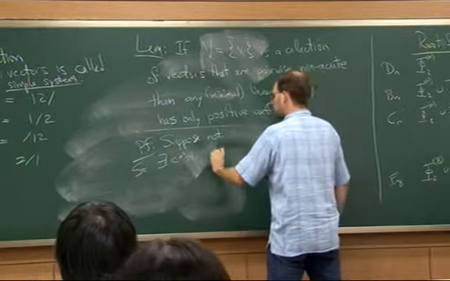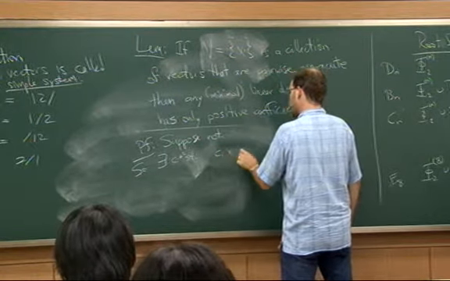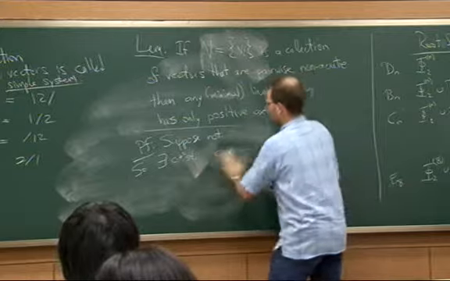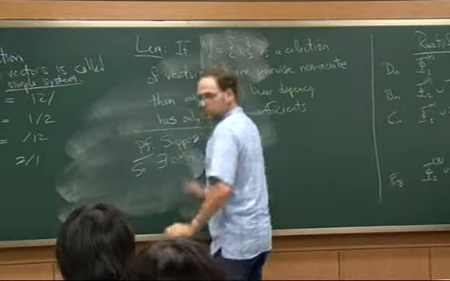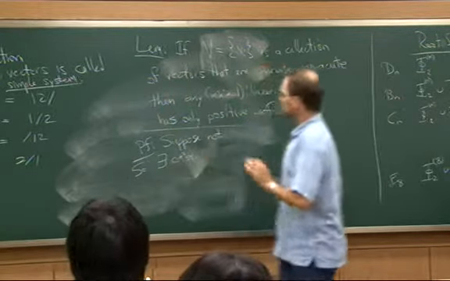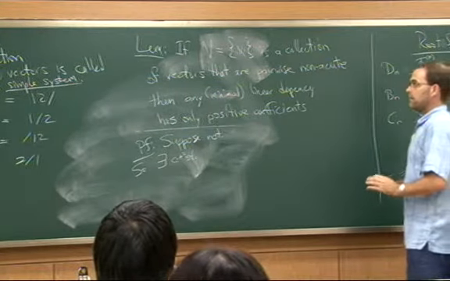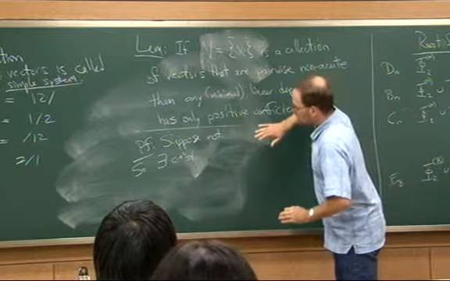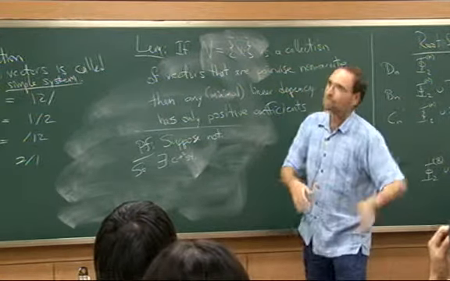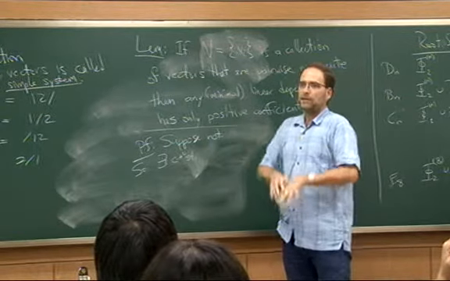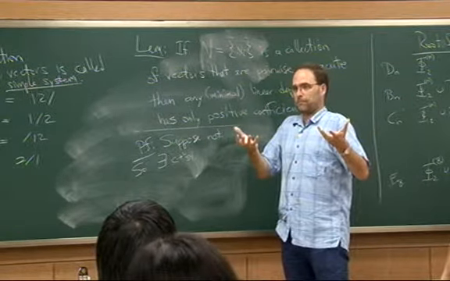Because we're assuming that there's a linear dependency that doesn't just have positive coefficients, or if they all have negative, there is a linear dependency that has both positive and negative, right?